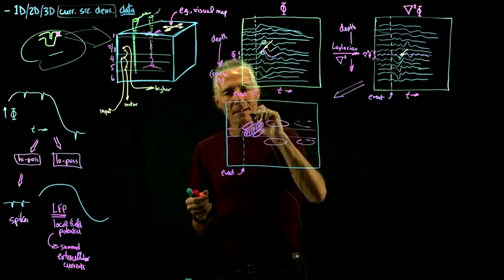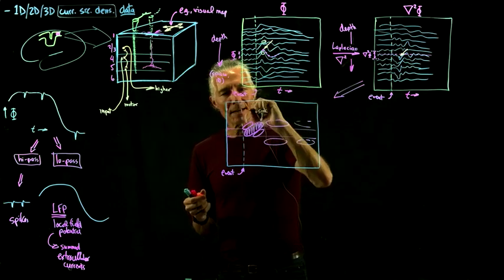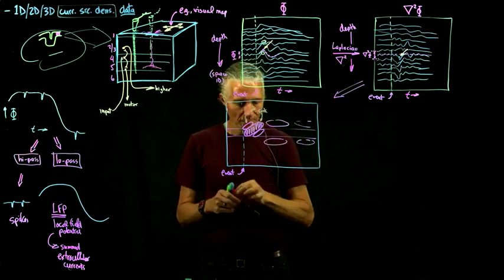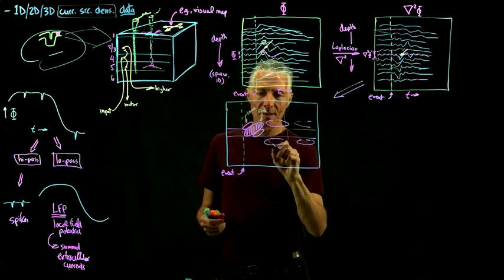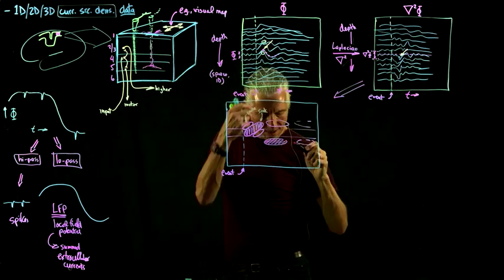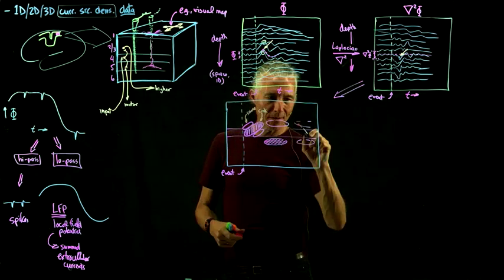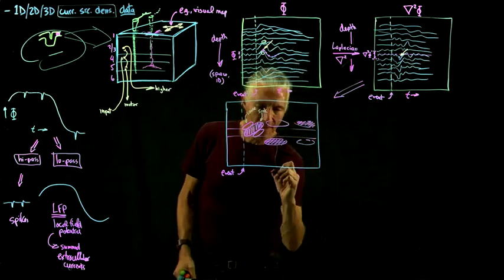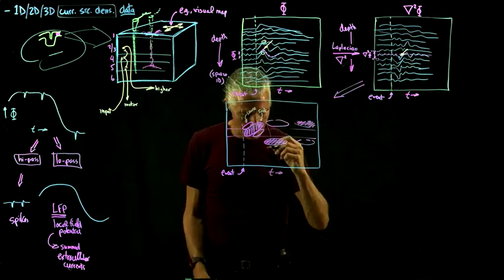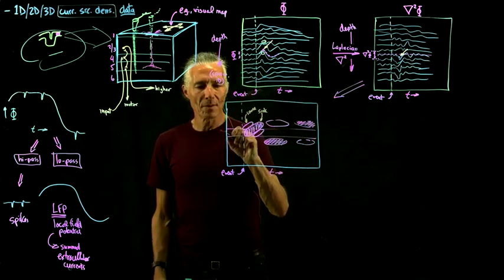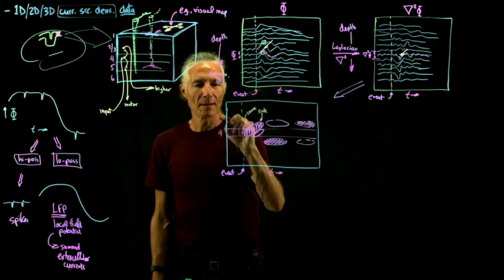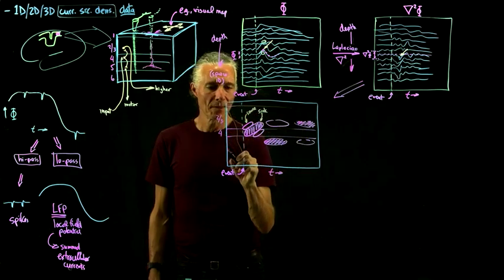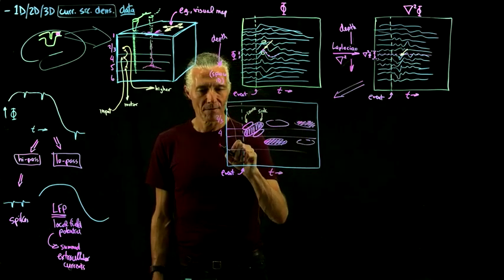And this guy's a source, not colored in. Then there's another source down here, another sink down there, another sink up here. This is over time, and this is depth. This is layer 4, layers 2 and 3, and then layer 1 there, layers 5 and 6.